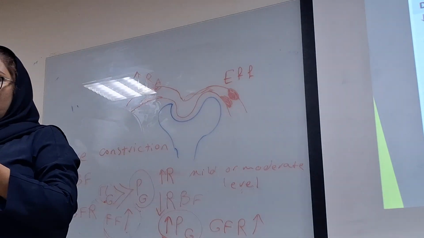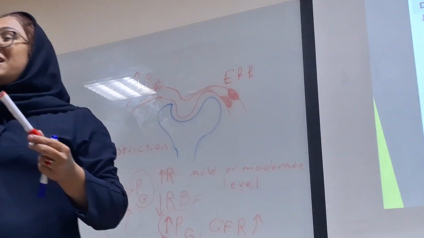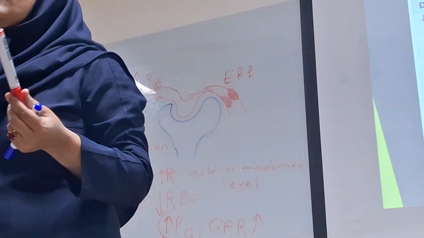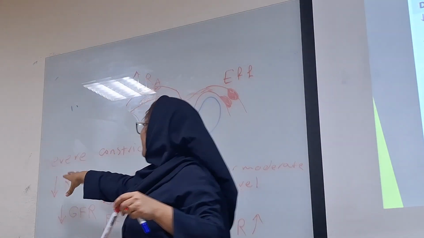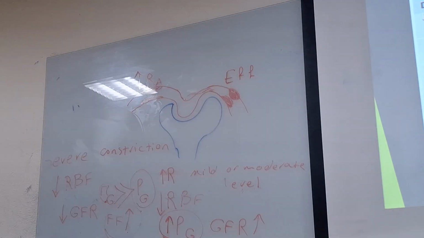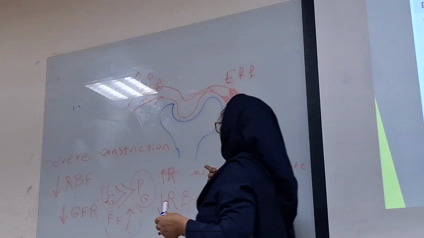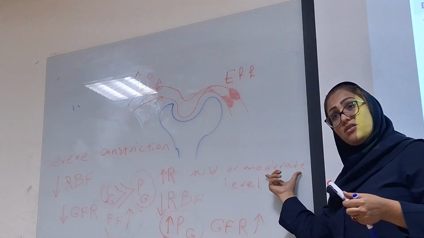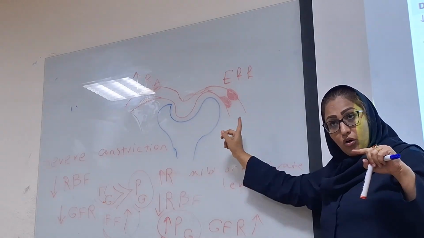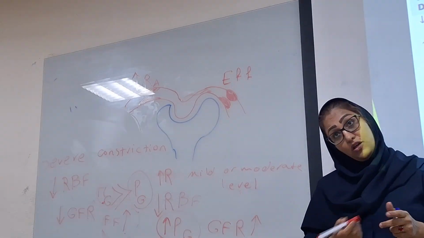When the resistance increases, blood flow should be faster. We are talking about moderate constriction of the efferent artery. Afferent is different.